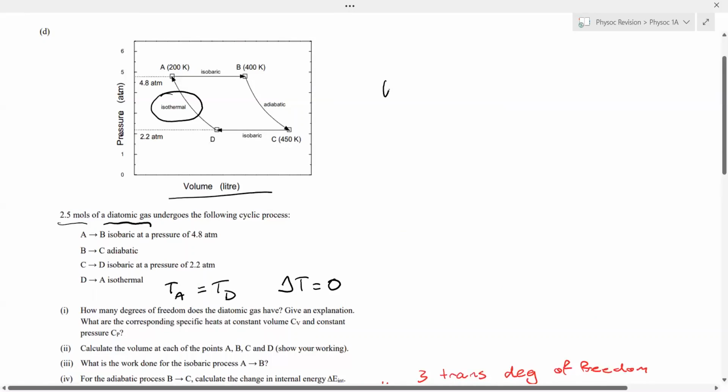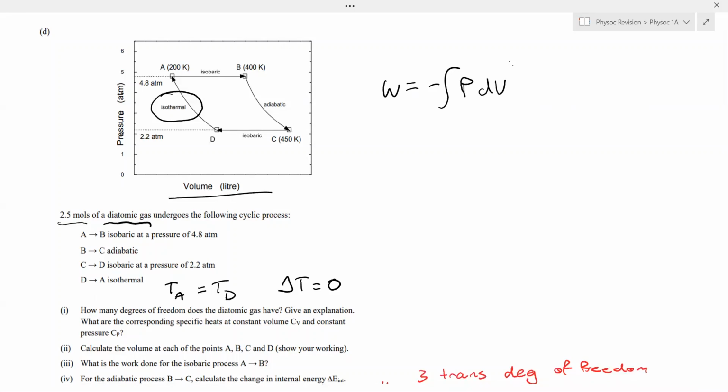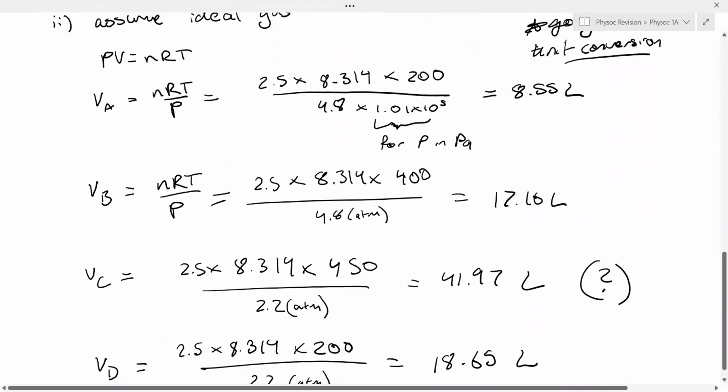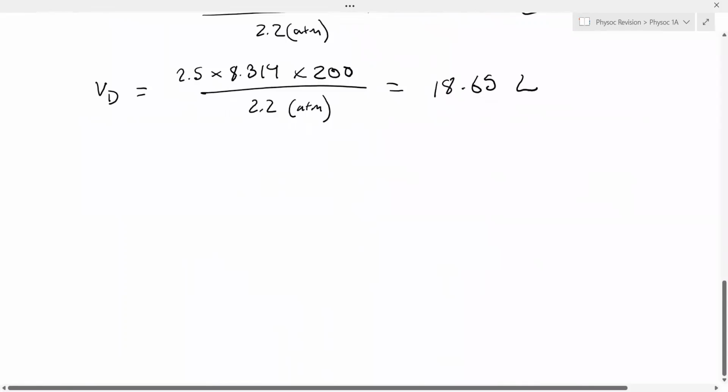More officially, work is equal to the negative integral of P dV. This is just an integral, and we know the integral between some points is equal to the area under the curve. So let's figure out what that's going to be.